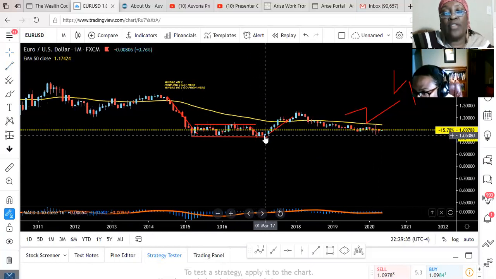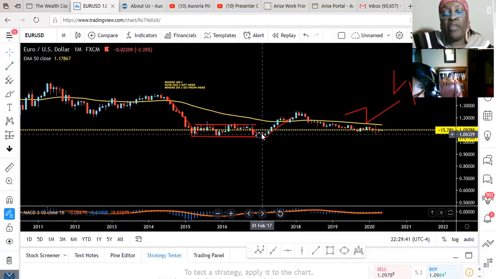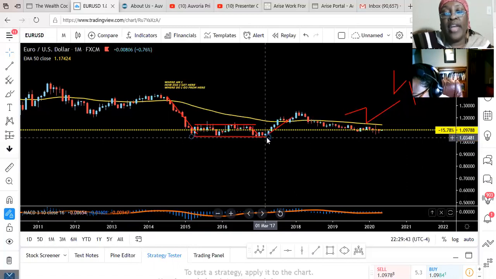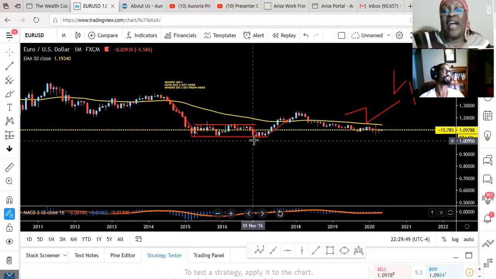The next candle was a bullish candle, so that's my correction. Then the next candle was bearish, that's my impulse. Then we went into a correction and it broke out to the upside. So that's how you read that. You want to make sure the candles are stacked, and they trend.